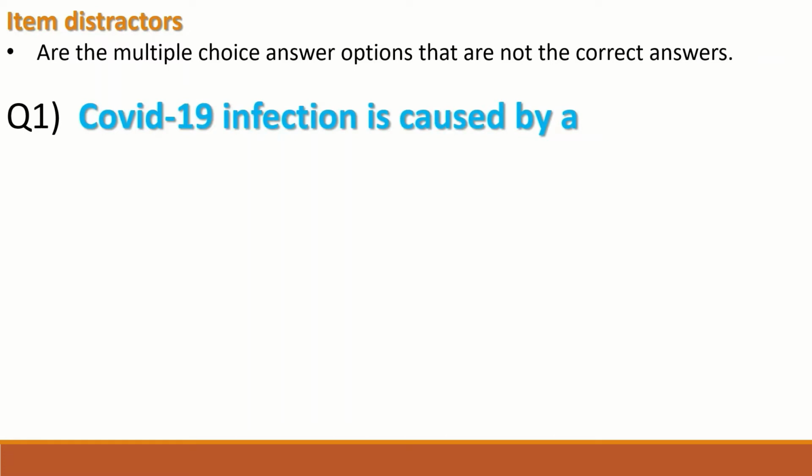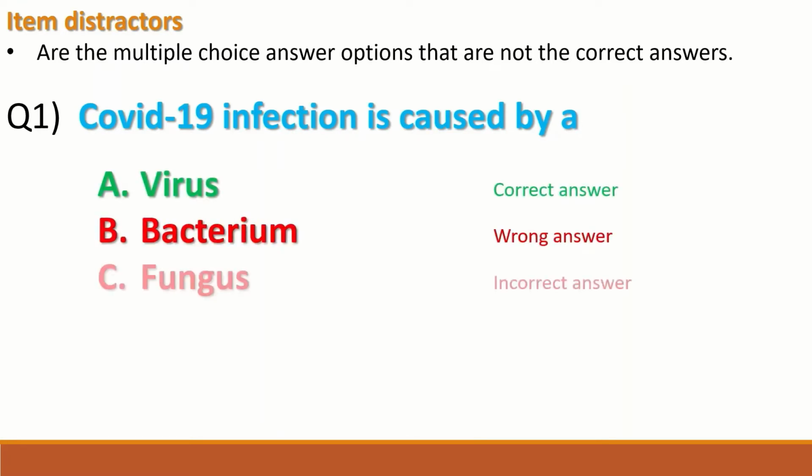This is an example of a multiple choice question. Question 1: COVID-19 infection is caused by, and there are 4 possible answer options: A, B, C, D. A is the correct answer and B, C and D are the incorrect answers.